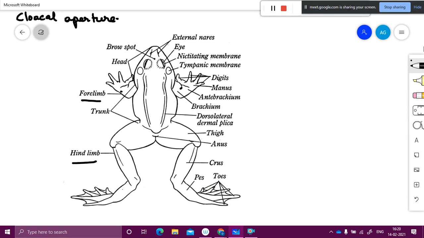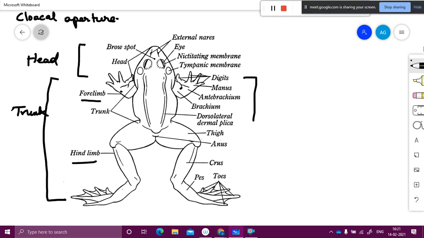Then the body is divided into the head, and this is the trunk. So these are the limb regions.